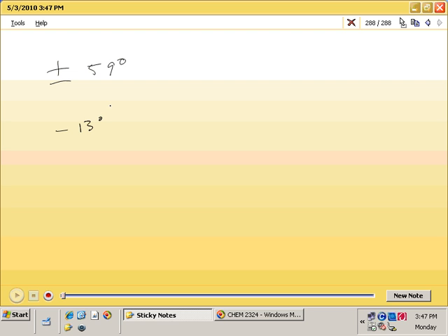The fast way is to say the concentration of the major one is equal to the enantiomeric excess, 13 over 59, using the same sign for both of them, otherwise you'll get confused, plus 1 divided by 2. So in this case you would get 1 plus 13/59, over 2.